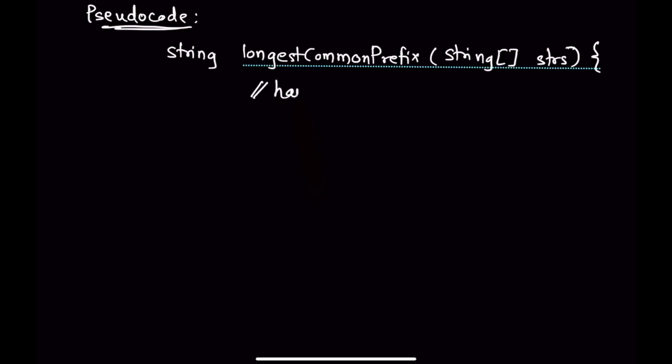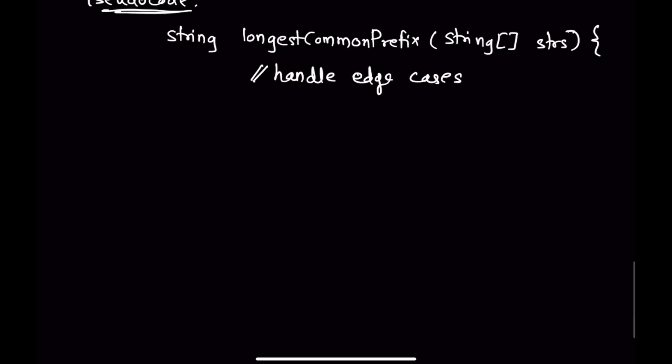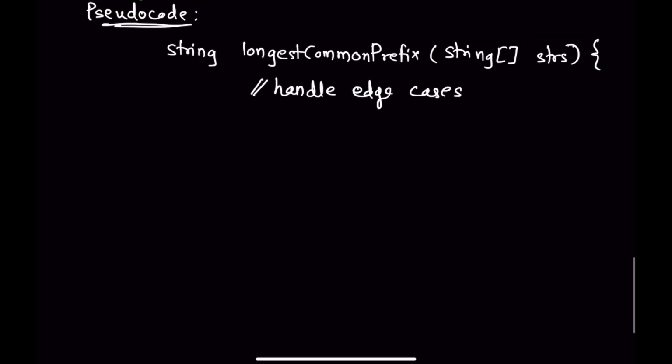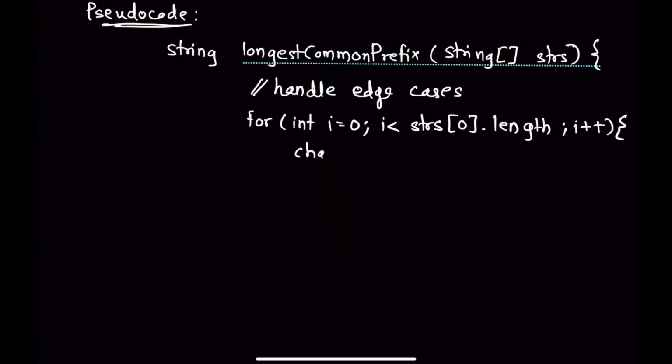Again, we are going to handle the edge cases. We will see the full working code when we are actually writing the code in the LeetCode editor. We just assume that we are handling the edge cases here. Now, as per our approach, we are going to iterate through the first word and have the checks against the first word. Then we are extracting the character at the ith position using the charAt method of string.